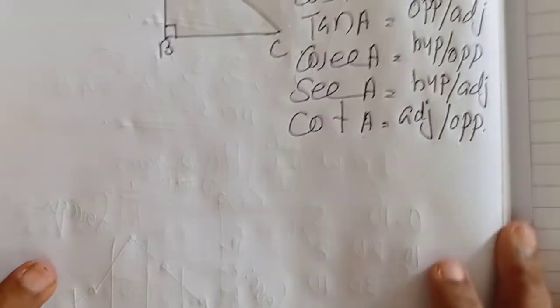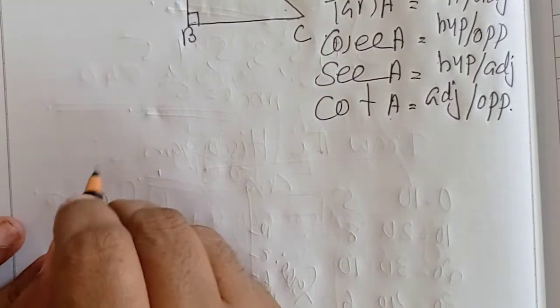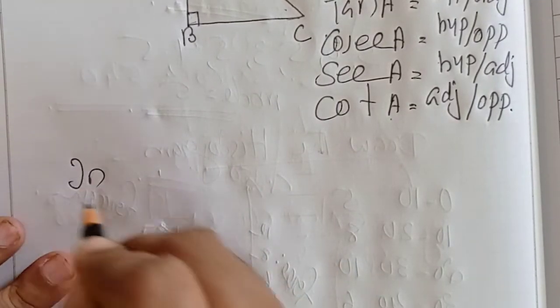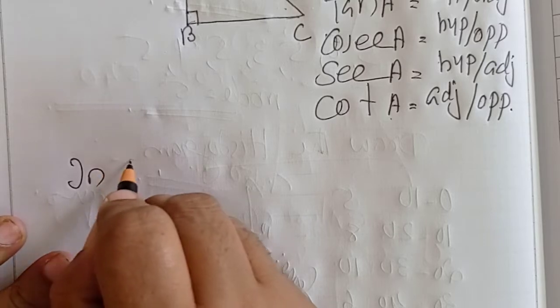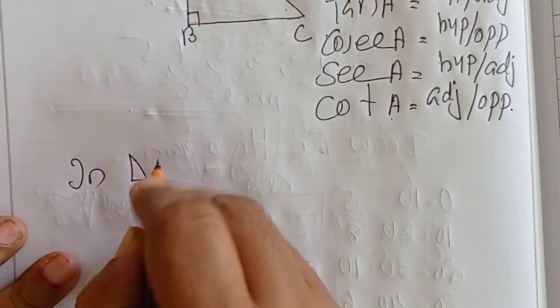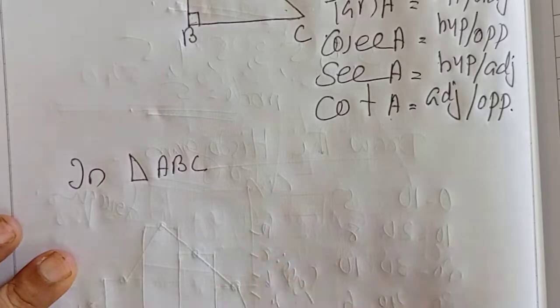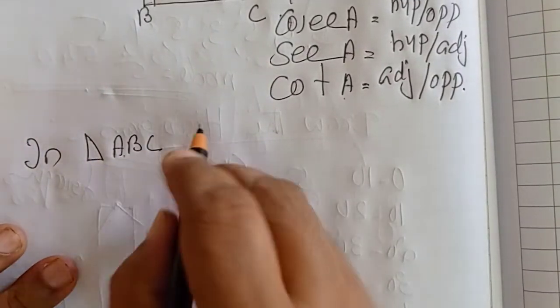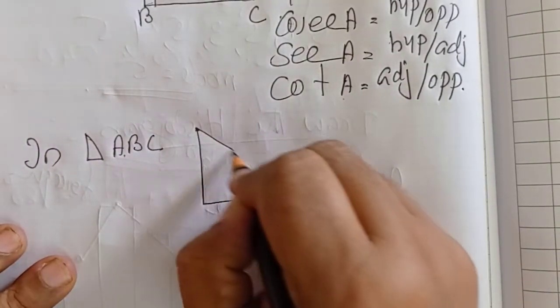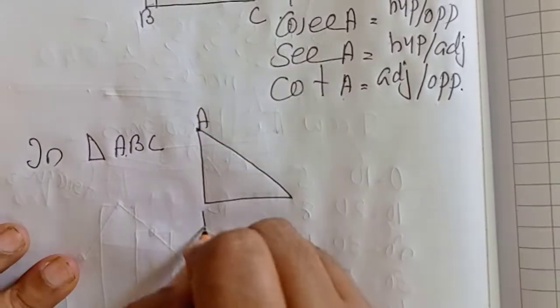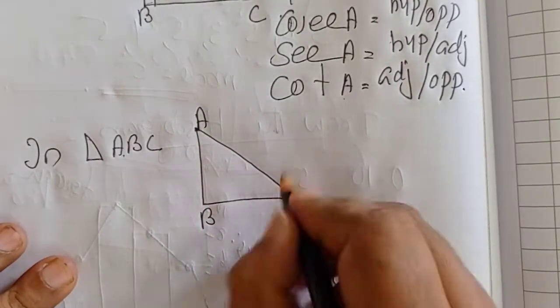Now, listen the question. In a right-angled triangle ABC, right angle at B, you can mark ABC.